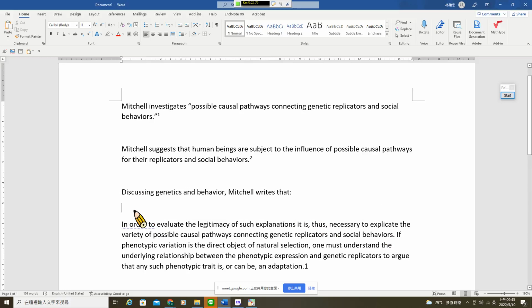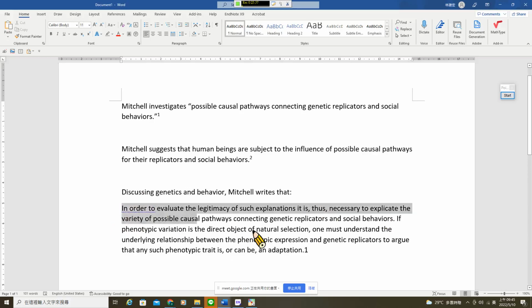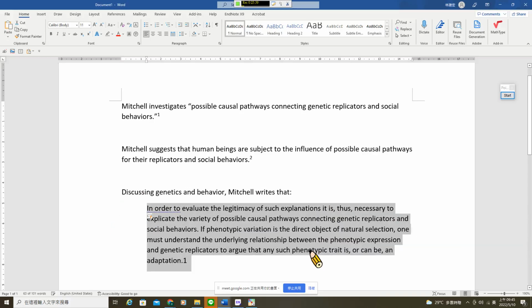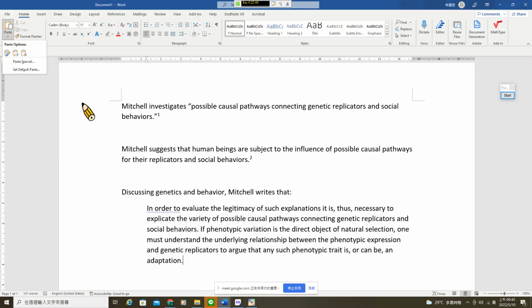So Michelle writes that. So be careful for this one. We need to make it a little indented, which means that this section of the citation is a quote, and this is a quotation number here.